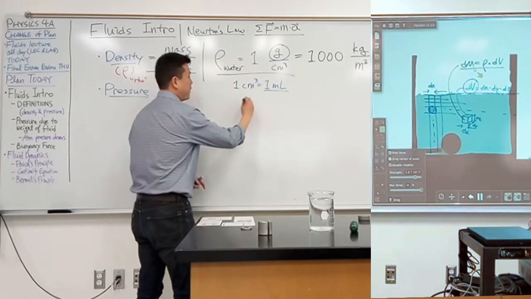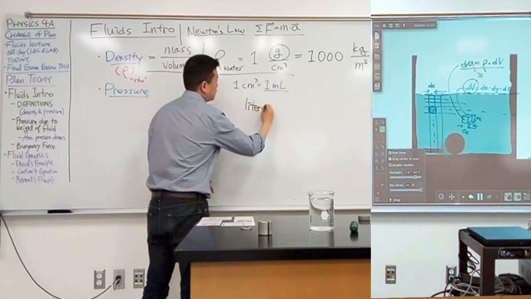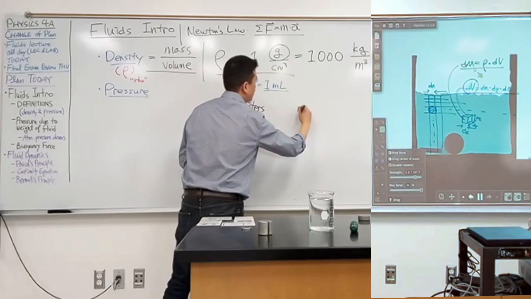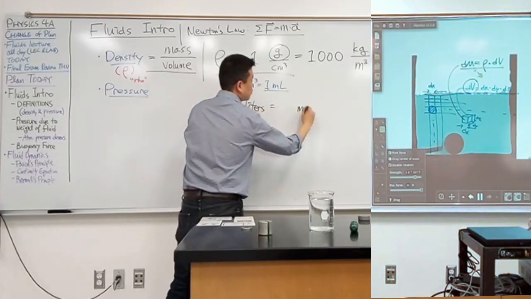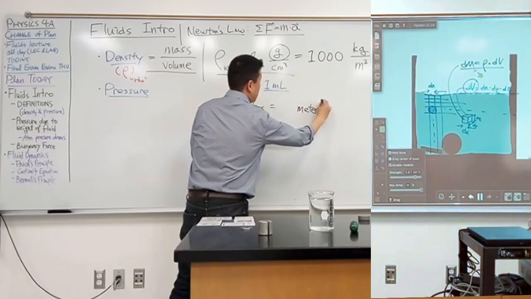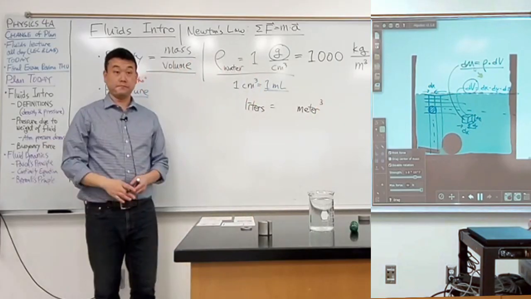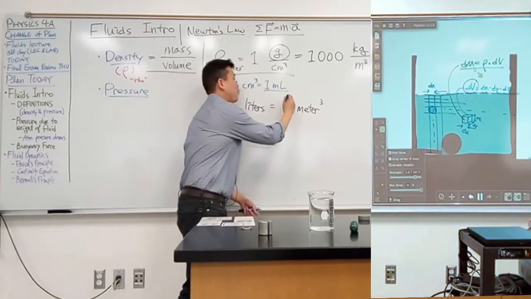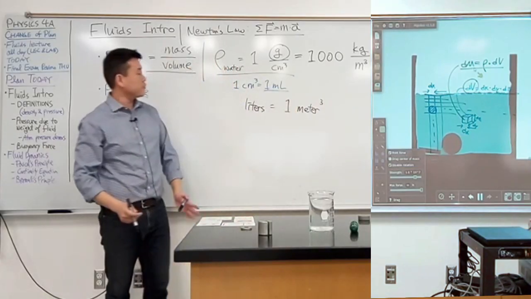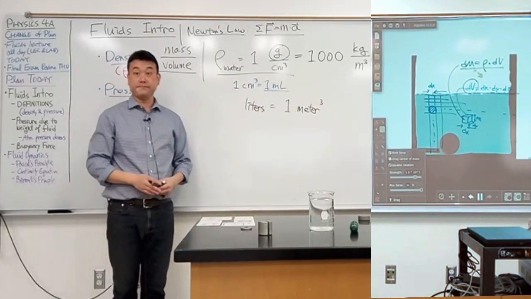So if we are comparing liters to cubic meter, which is bigger? Cubic meter is bigger by how much? So let's say 1 cubic meter is equal to some number of liters.